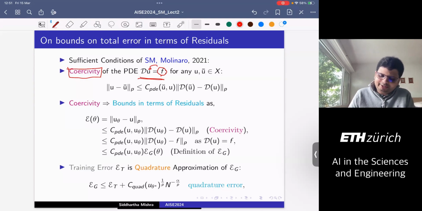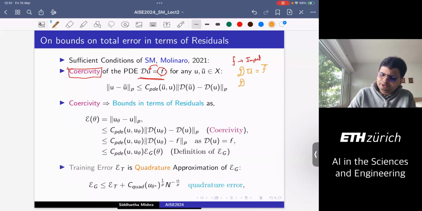So now the idea of this coercivity, remember all the time, f is the input. Now let us consider another input which is close to this. Or in other words, let us consider D u bar equal to f bar.